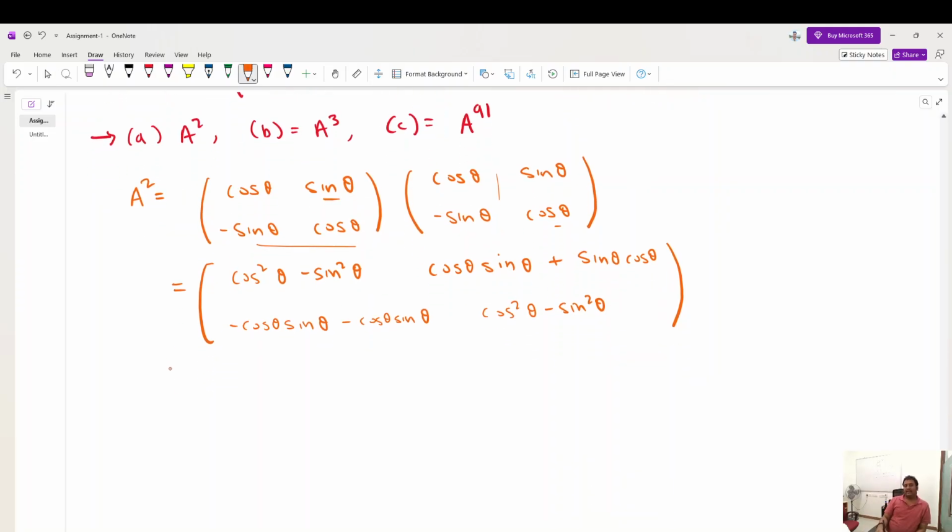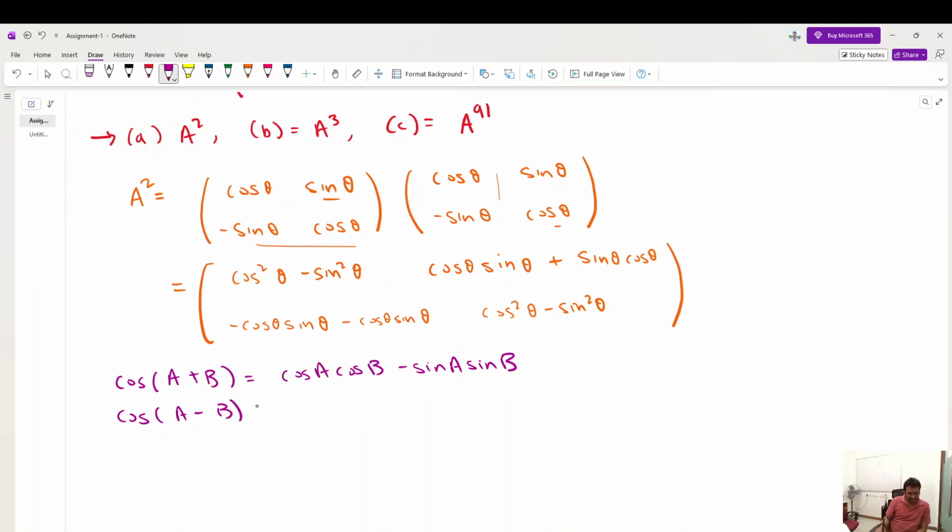Use your trigonometric identities. I am not very familiar with trigonometric identities, so let me write them because I always forget. Cos A plus B, what is cos A plus B, guys? This is cos A cos B minus sin A sin B. What is cos A minus B? I don't need it, I guess. So what is sin A plus B?